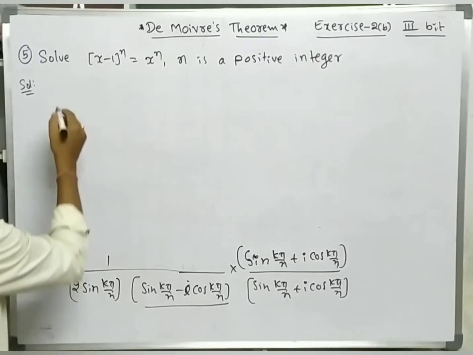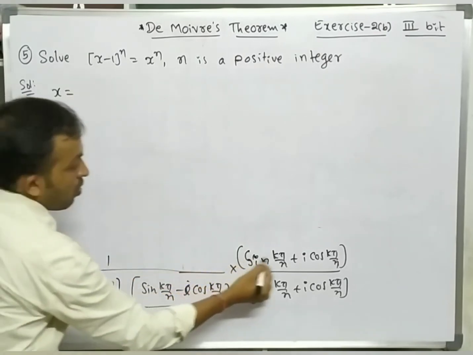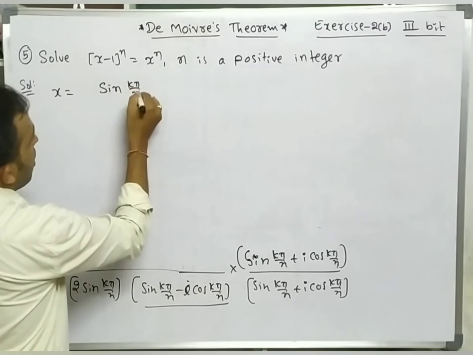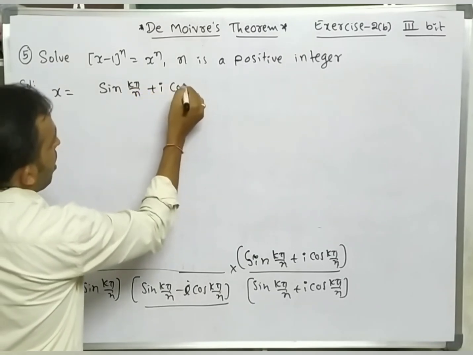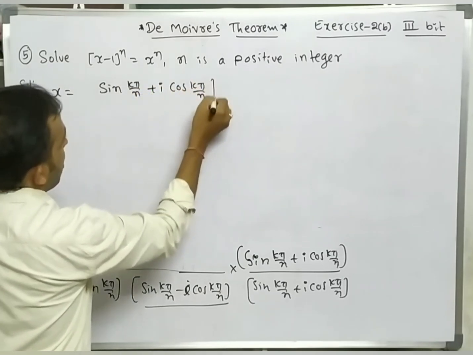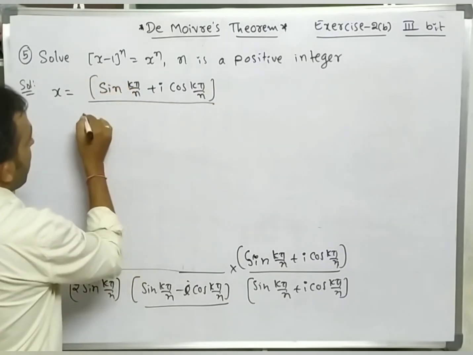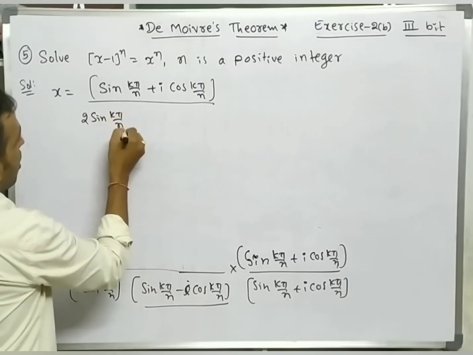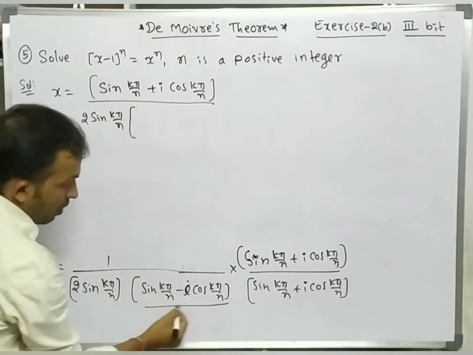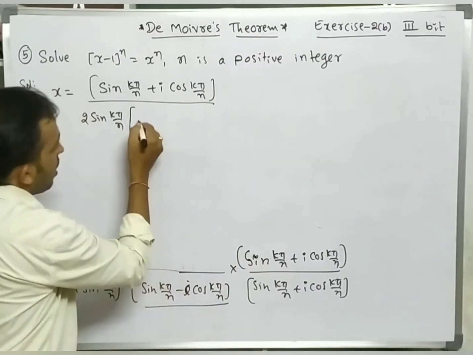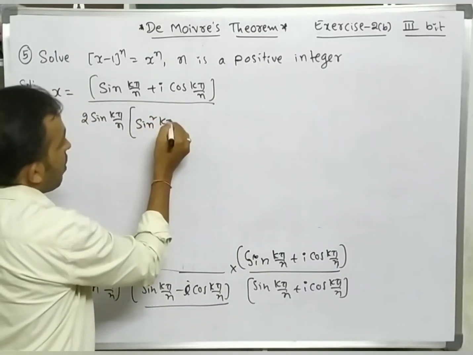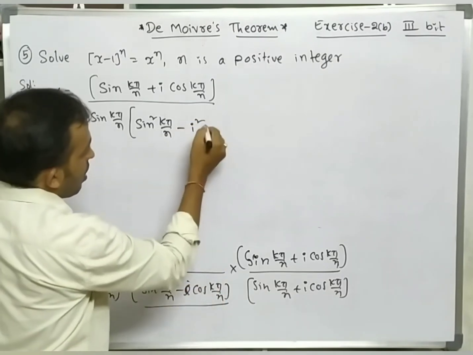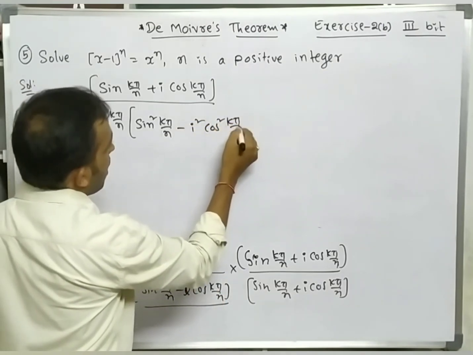Now x is equal to, in the numerator we have sin k pi by n plus i cos k pi by n. In the denominator we have 2 sin k pi by n into, this is of the form a minus b into a plus b, that is a square sin square k pi by n minus b square i square cos square k pi by n.